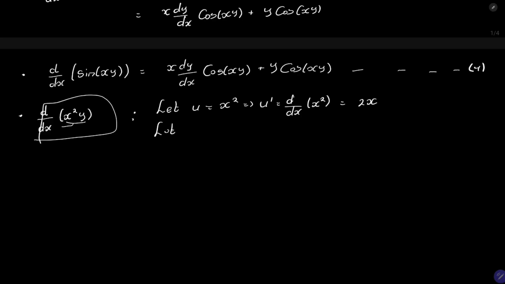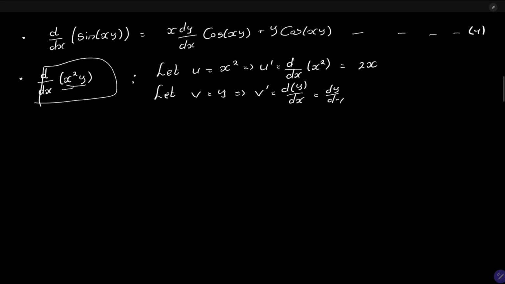Now we let v be the function y. This implies that v prime is equal to the derivative of y with respect to x, which gives us dy on the x. This then implies that the derivative with respect to x of our function x squared y is u dv plus v du.